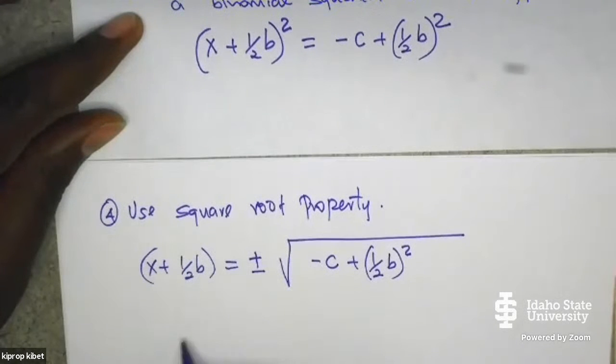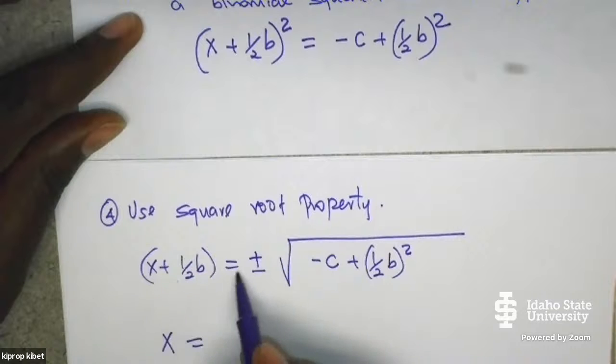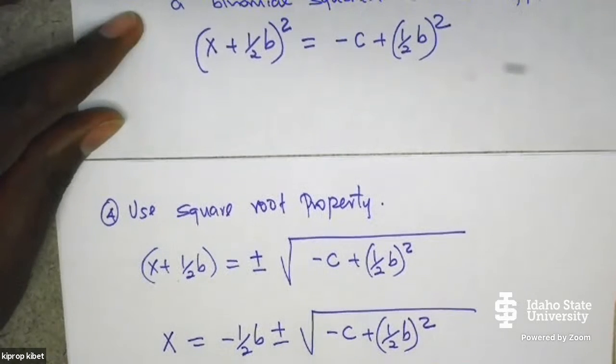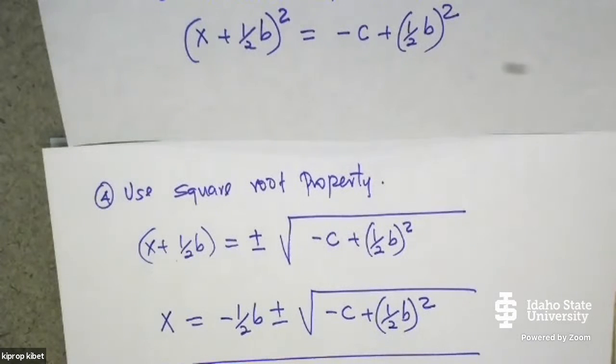Therefore, our x will be, taking this one to the other side, minus 1 over 2b plus or minus the square root of minus c plus (1/2 b) squared. And that is our solution.